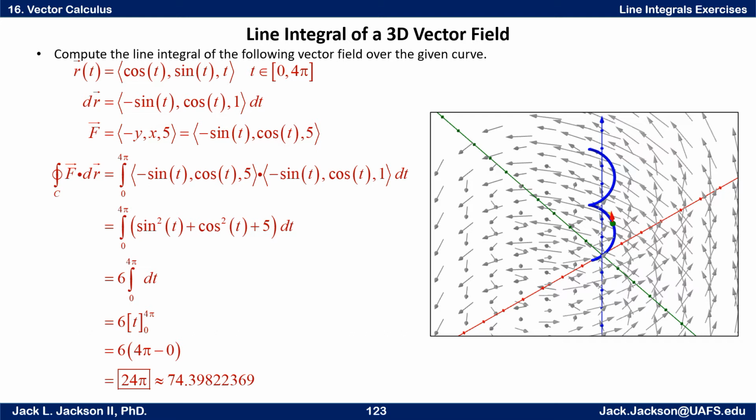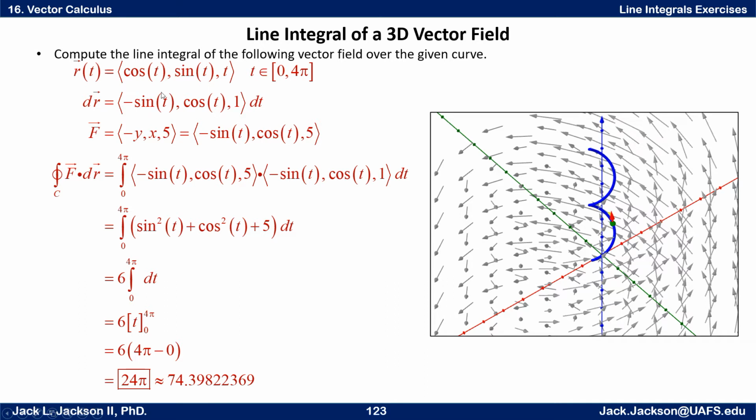Now we're going to need dr, so we just need the derivative of this, which means you just take the derivative of each term separately. Derivative of cosine t is minus sine of t, derivative of sine of t is cosine t, and derivative of t is 1. And dr has the dt as part of it as well. So that's r prime of t dt, which is what's meant by dr. Then we do F, it's minus y, x, 5 as it was given, but now we want to parameterize that using this.